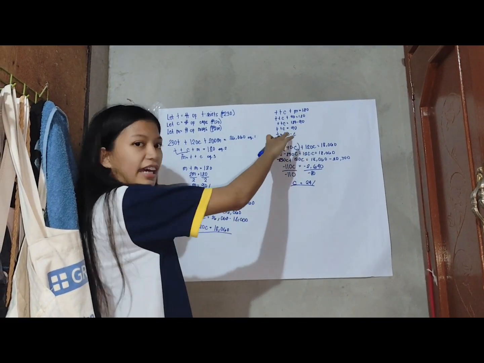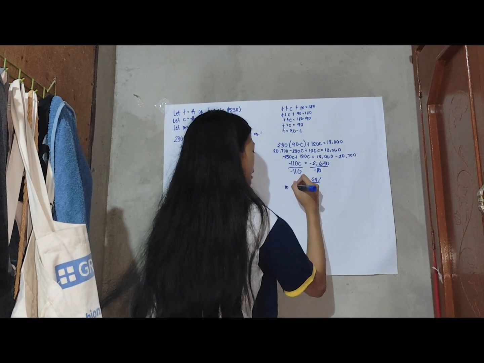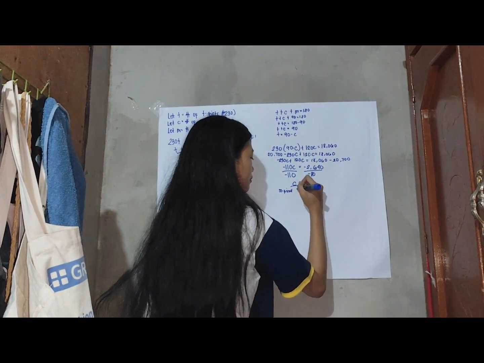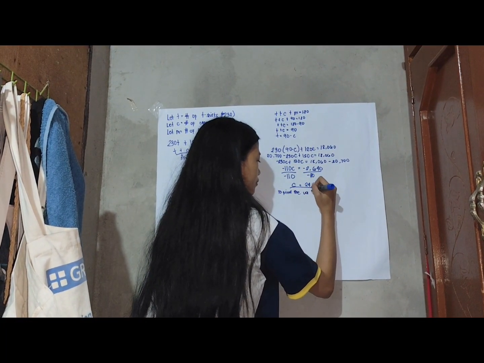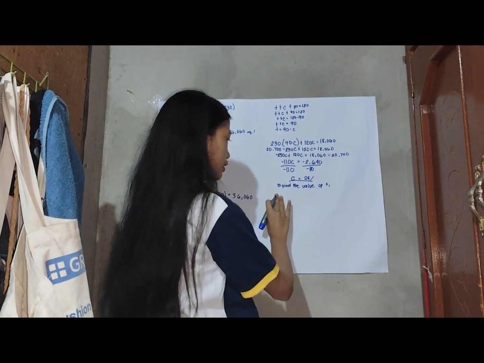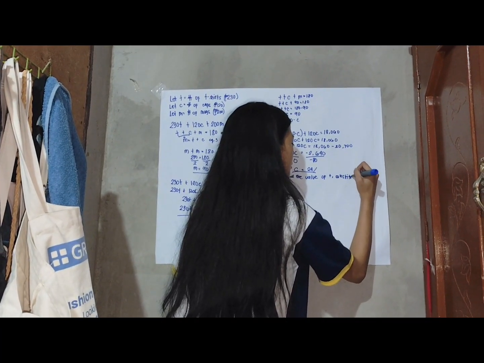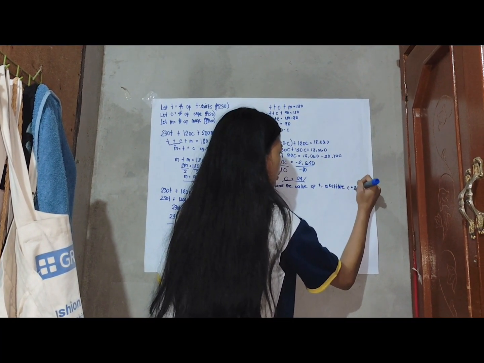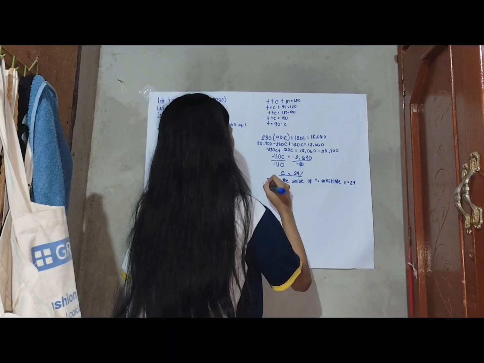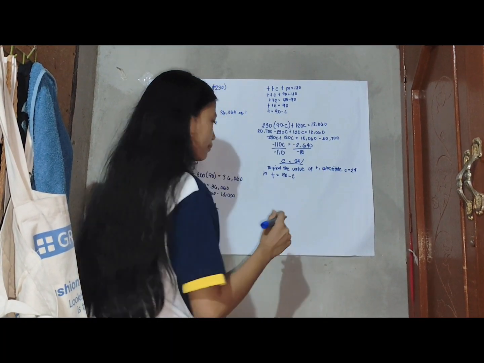Now we can use this again to find the value of t. To find the value of t, substitute c equal to 24 in the equation t is equal to 90 minus c.